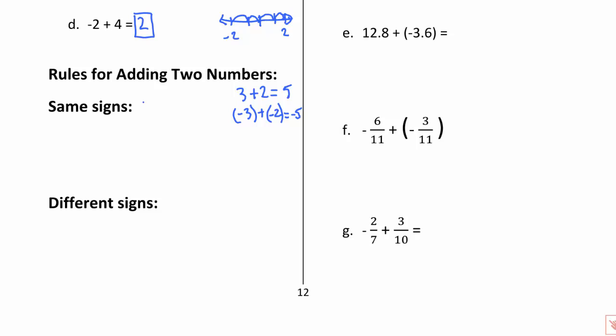So with the same signs, we add the absolute values of each addend. Then we keep the signs.